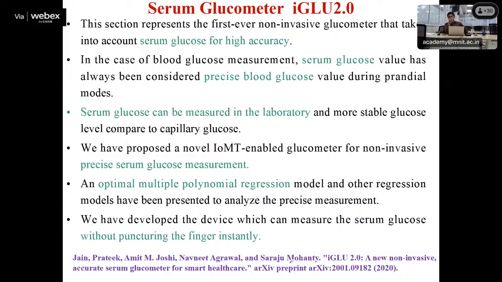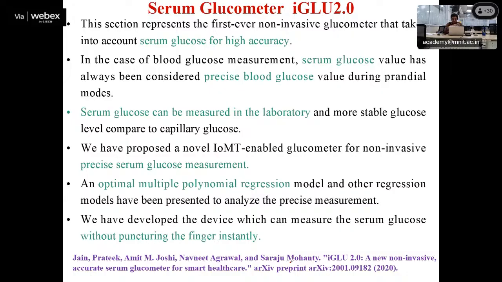So serum glucose value, according to medical regulation, is closer to your body blood glucose, because it helps you get the exact blood glucose value inside the body. However, capillary glucose, where we use a whole blood sample, will not give you the exact blood glucose.